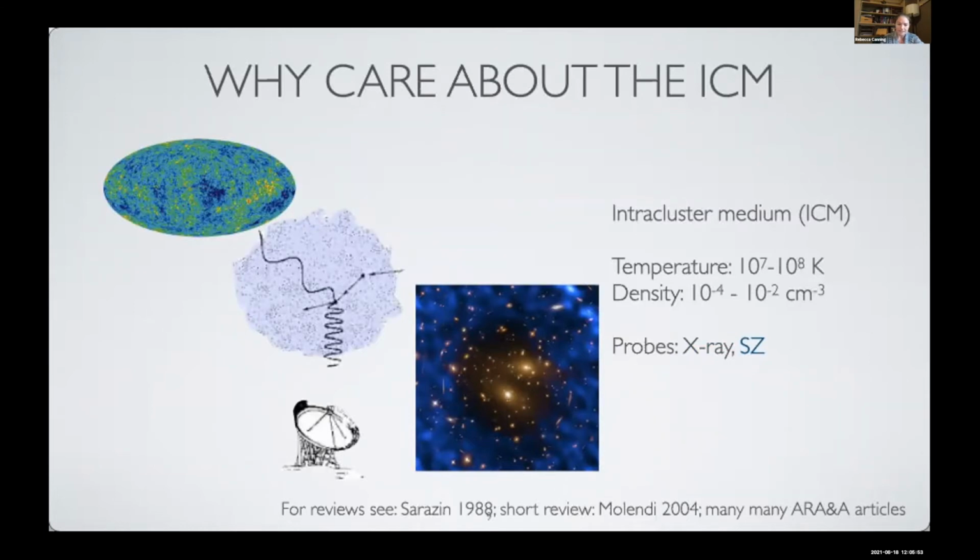Now, an important take-home for this method is that the CMB radiation energy density increases with redshift in a way that cancels out the dimming of cosmology. So the SZ effect is roughly independent of redshift, and the take-home there is it's great for finding high redshift clusters.